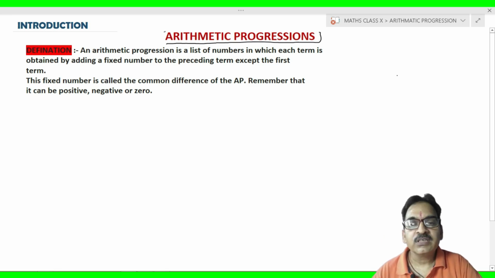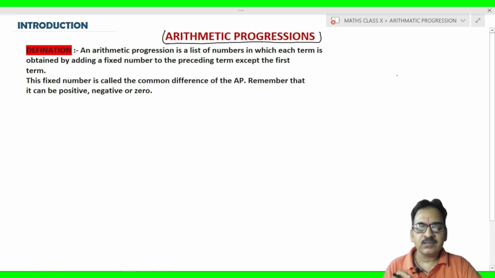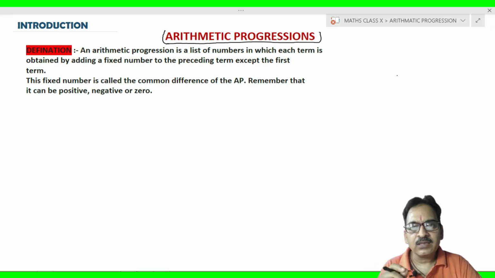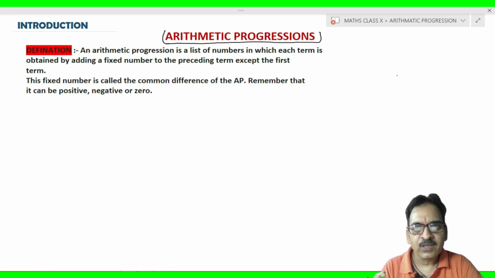First we understand a little bit about the word progression. Progression is a sequence, a list of numbers which is written under some definite properties. If we write a list of numbers like 1, 2, 3, 4, 5, or a list of natural numbers, this also is a progression. Why?